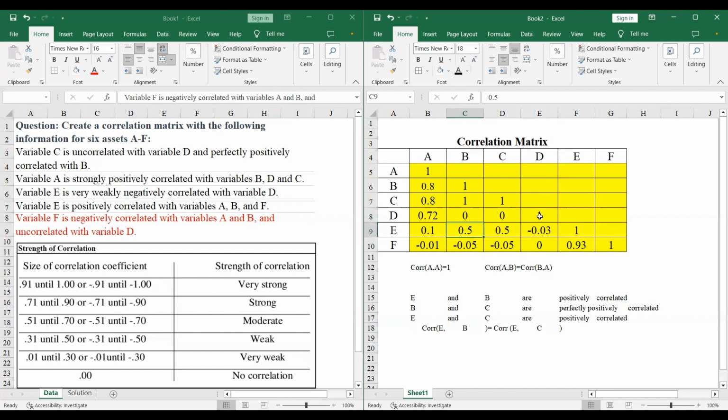So we have our triangular correlation matrix.